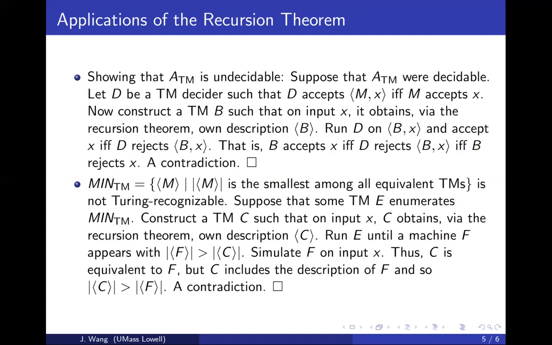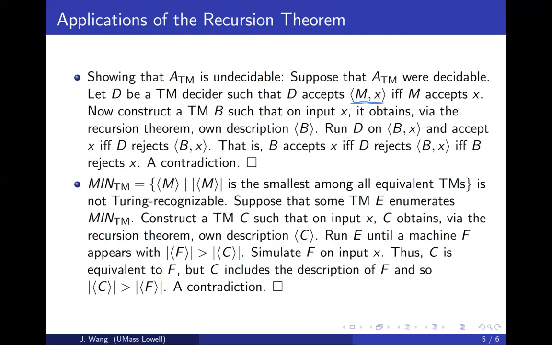Now, decider means that on this input, D will always halt. So now we construct a Turing machine B such that on input X, it obtains via the recursion theorem its own description, the encoding of B. So we construct something that can actually get its own description. That's really what the recursion theorem says.